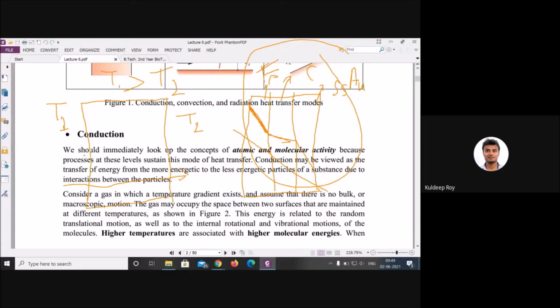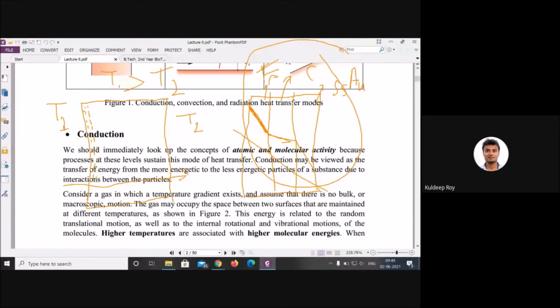Here, how will the heat transfer from this point to this point? Around the surface of your heated body there will be some molecules, and adjacent to this layer there will also be some other material. This is your heated body.